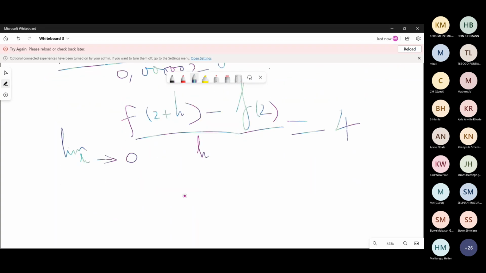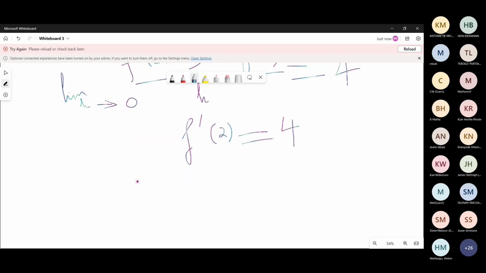Then the derivative of this function, f prime of 2, at the point 2, will be equal to 4. This is the derivative of this function at the point 2, because we have already seen that f prime of x is 2x, right?